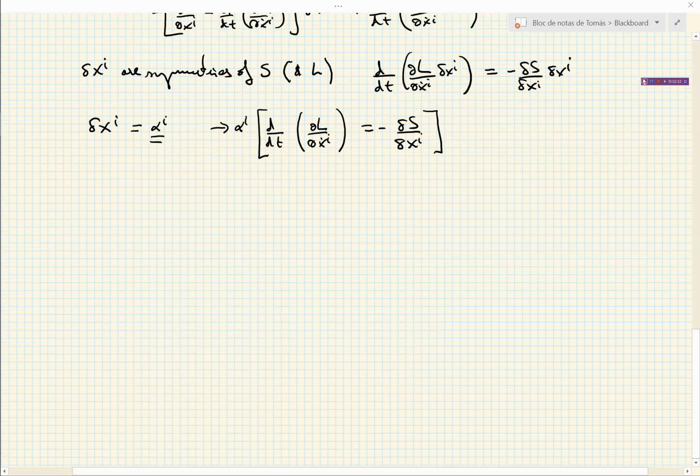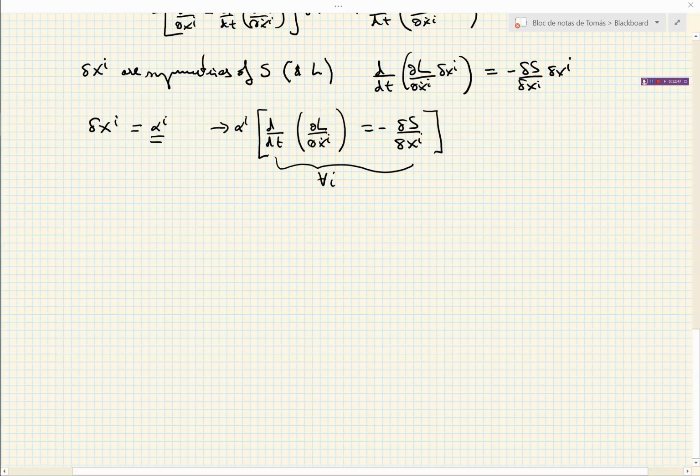So from this I get that this is satisfied for each i. And then if the equations of motion are satisfied, so delta S over delta xi, which remember is the Euler-Lagrange operator, is 0, then partial L with respect to partial x dot i is a conserved quantity, and this is the old result that we got. This is the conservation of the momentum.